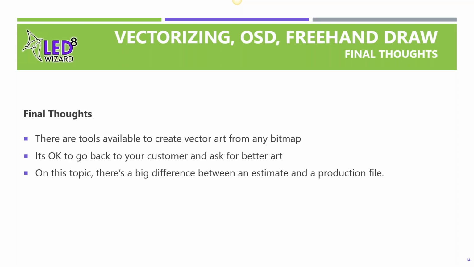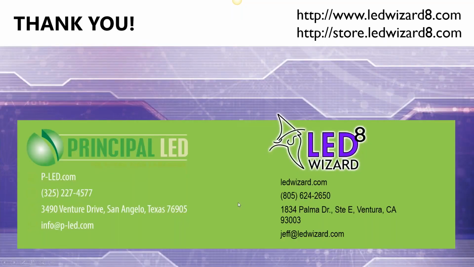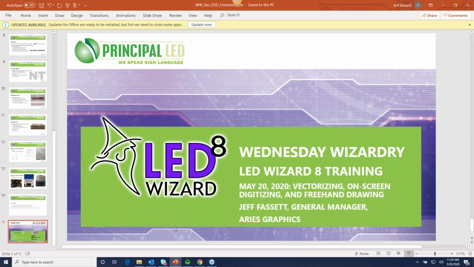So, for example, if a bitmap comes in that's poor quality, you use freehand draw, you create a layout, you provide it back. If that turns into a job, you might come back and say, we really need better artwork. We need something that has precise measurements. We gave you an estimate. We need to go to the next level. So that's when you talk about producing and you're bending returns and things like that, we need a little bit more precision.